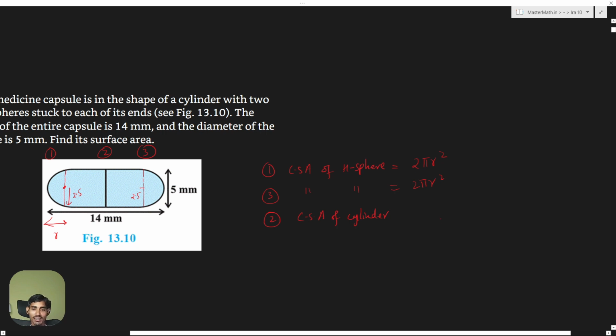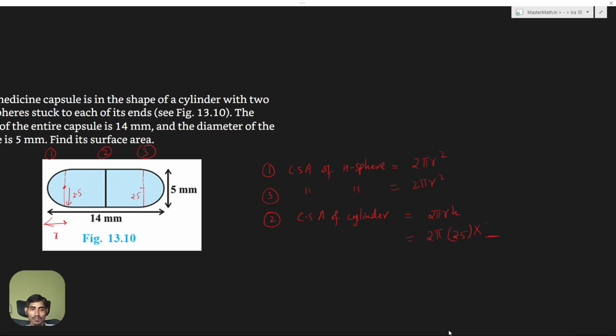And what would be the CSA for cylinder? 2 pi r h. Now, what is r for that? r is the same thing, 2.5. What is h? How to find h?